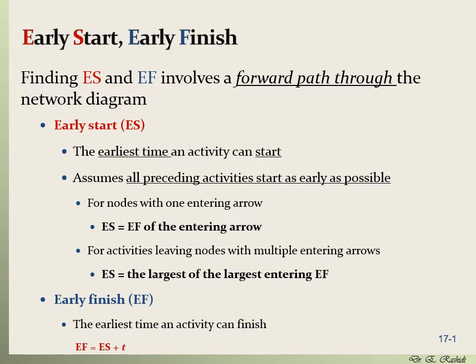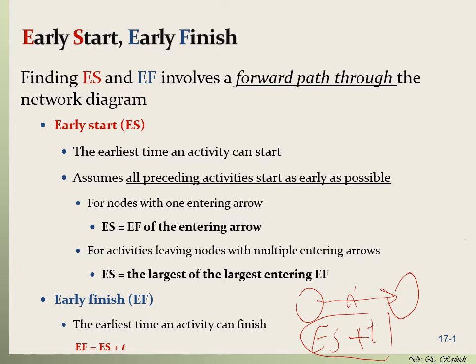When you compute the early start of an activity, the early finish of that activity is actually straightforward. Suppose that we show it by an arrow, activity on arrow. The early finish of this activity is equal to the early start plus the time that this activity takes to be completed.